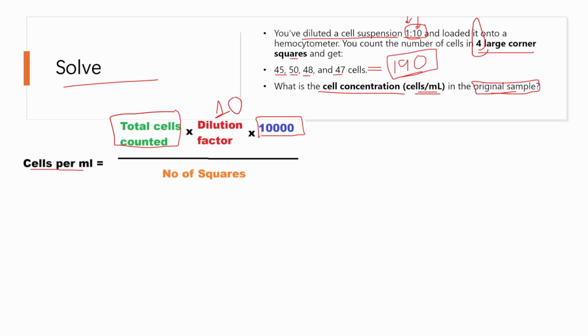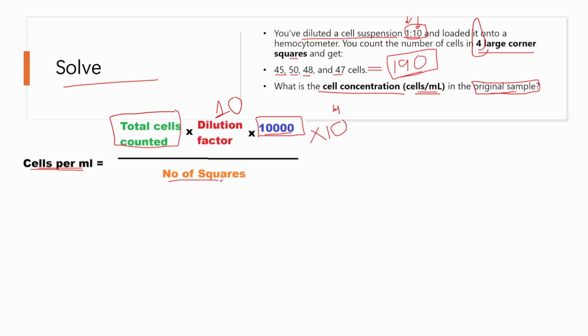Now we know if we counted our cells in 1 square, it was the number of cells present in 0.1 microliter or 0.001 ml of solution. When we multiply it with 10 raised to power 4, it will convert that amount into 1 ml, which is cells per ml.